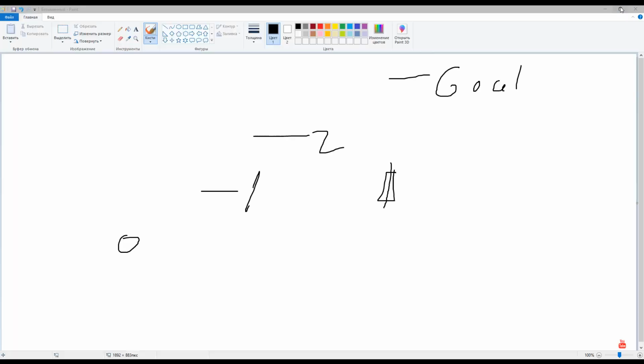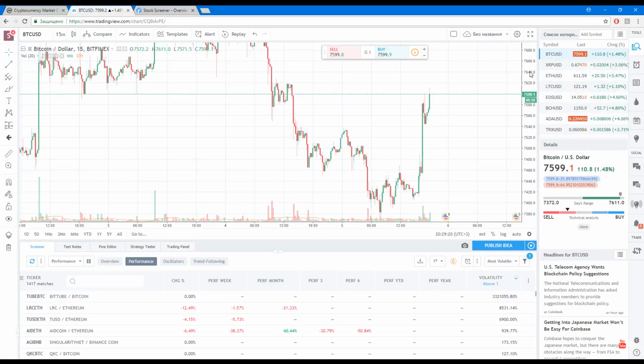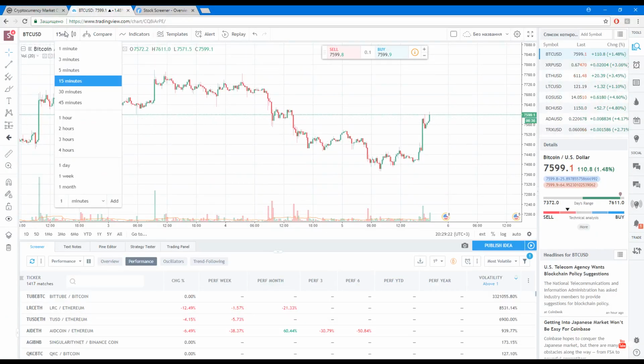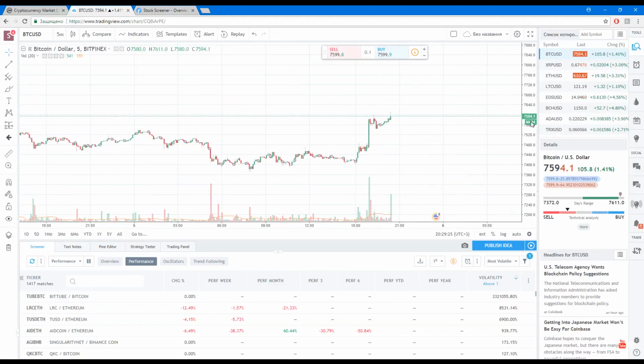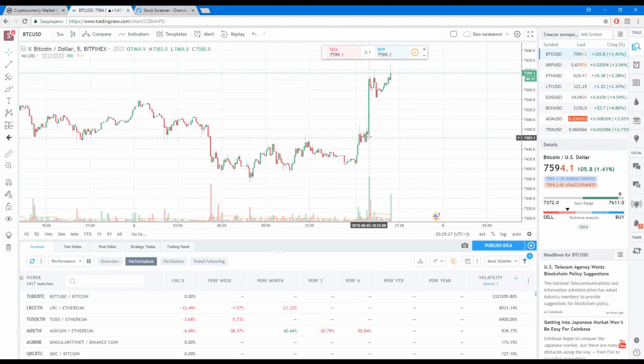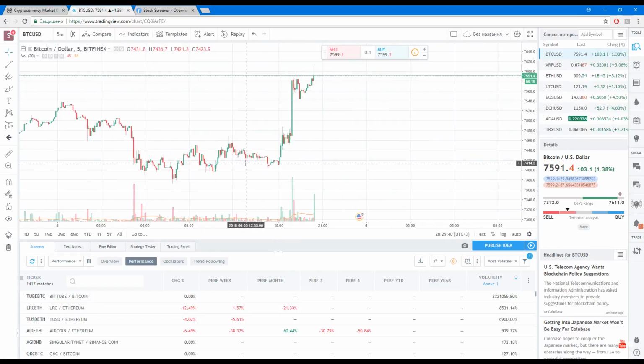So for example, the situation, if you have some idea, maybe some aggressive trader, for example, you buy very little volume in this range, maybe 7,400.